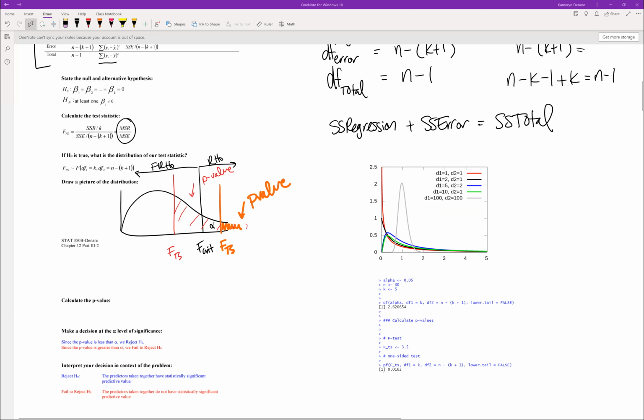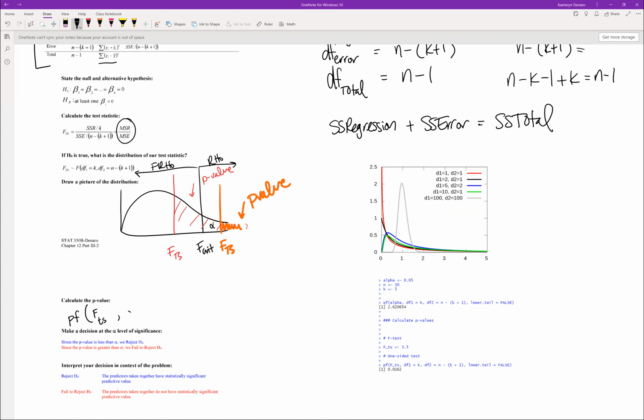So to calculate that p-value, you're going to use the function in R, lowercase pf, right? So that says find the probability under an F distribution for my particular test statistic. Let's call that F test statistic.